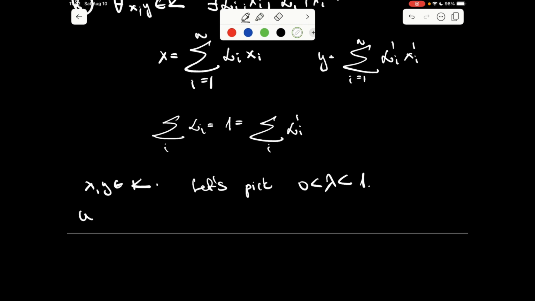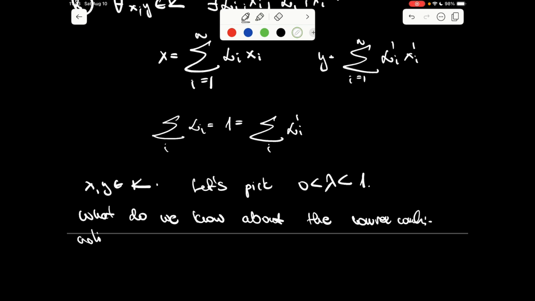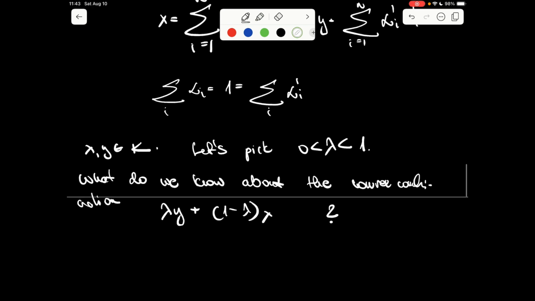What do we know about this convex combination?